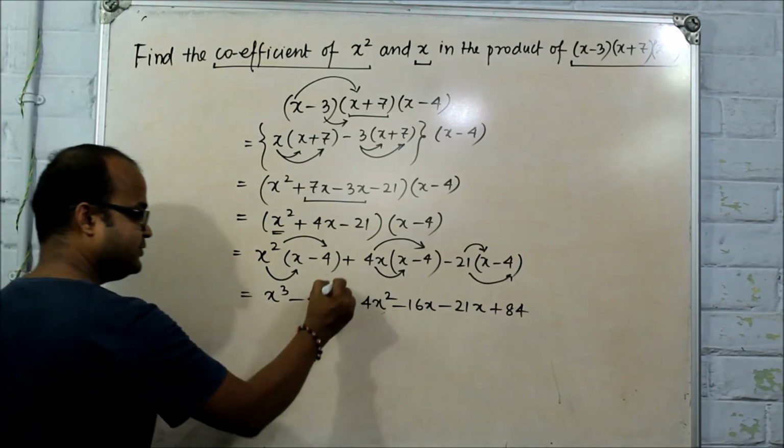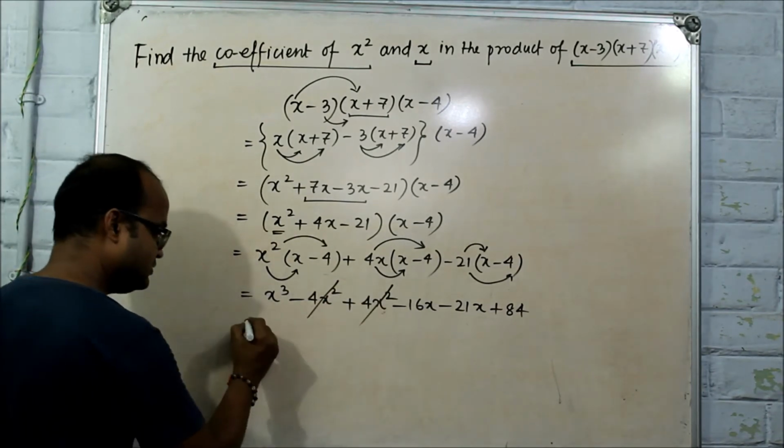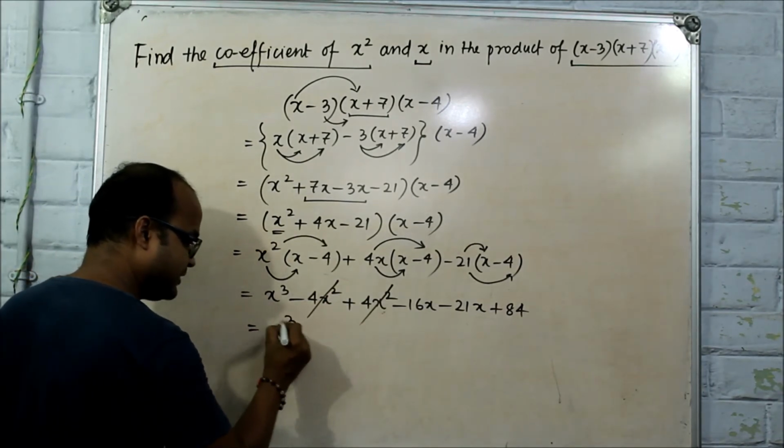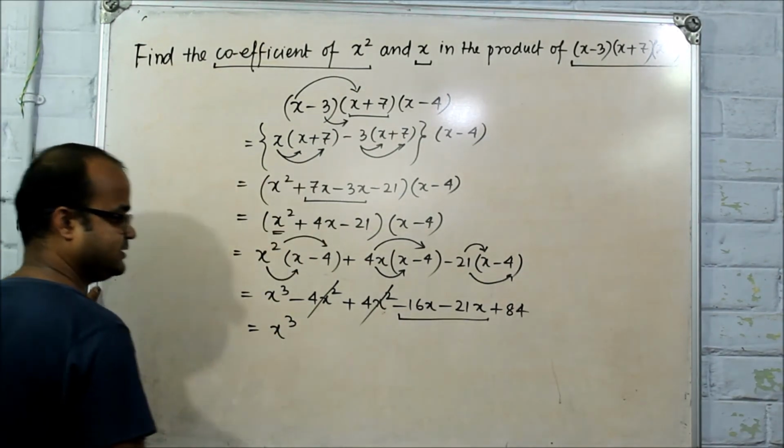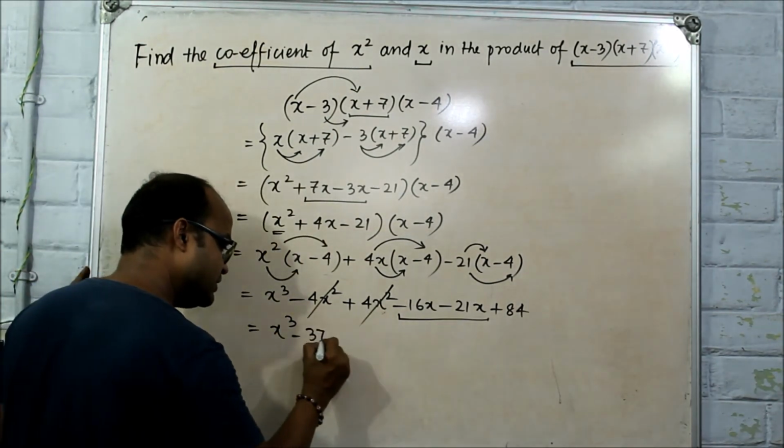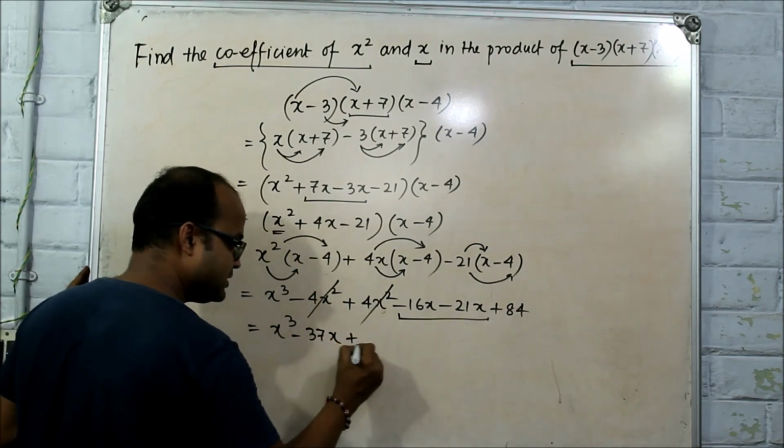So −4x² plus 4x² cancel, so this will be x³ − 16x − 21x, which is −37x + 84.